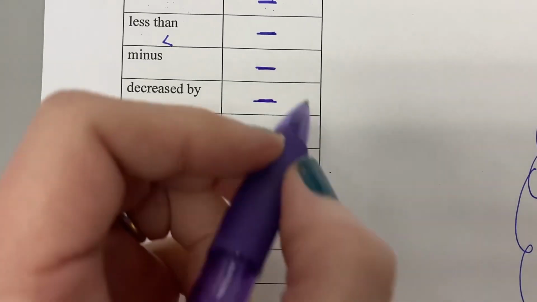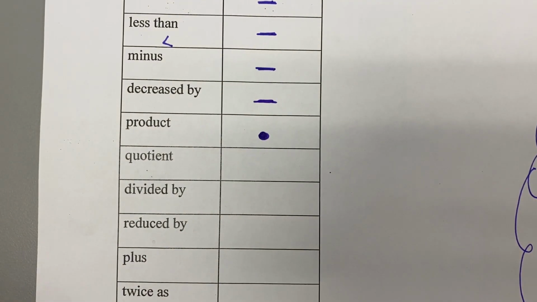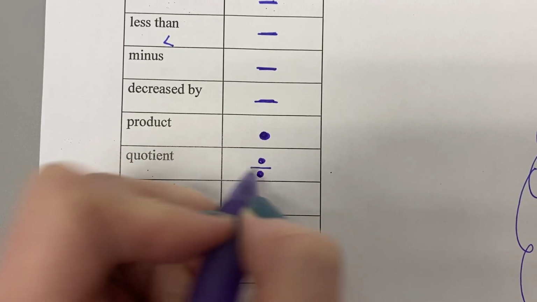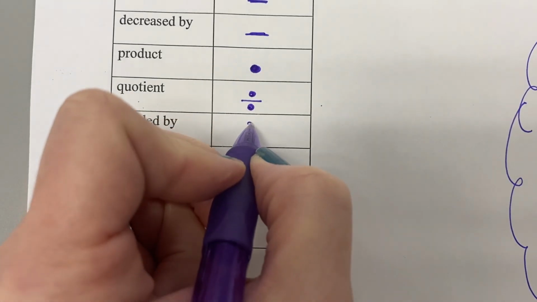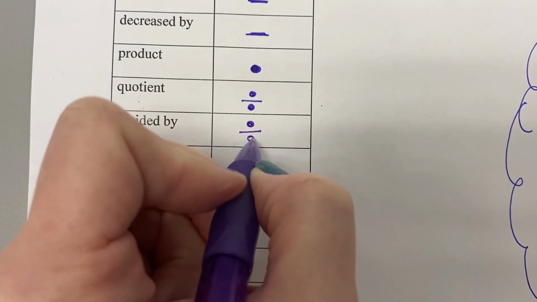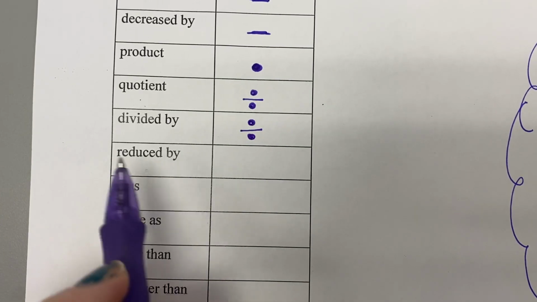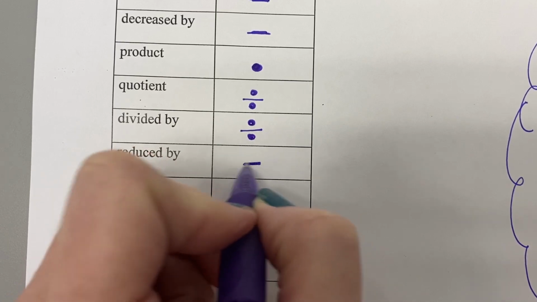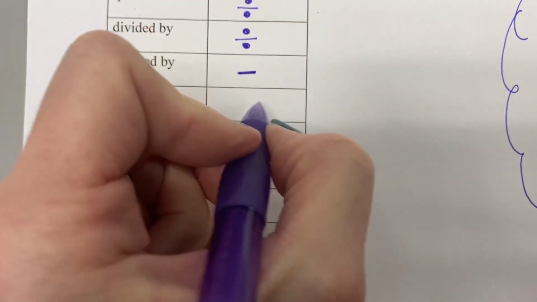Product is multiplication. I'm going to use the dot for multiplication. Quotient is division. Divided by, of course, is division. Reduced by. If you reduce something by a certain amount, you're subtracting. Plus is addition.